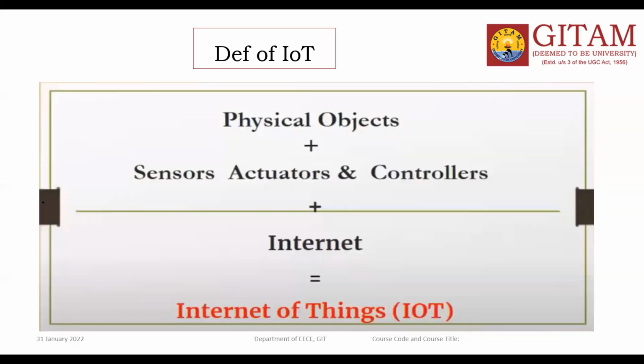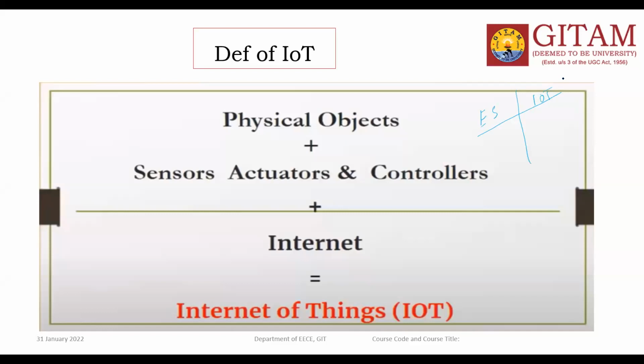One more thing I can share with you here. Before a couple of decades, what happened? We had embedded systems. Now we have IoT. What is the difference between embedded systems and IoT?